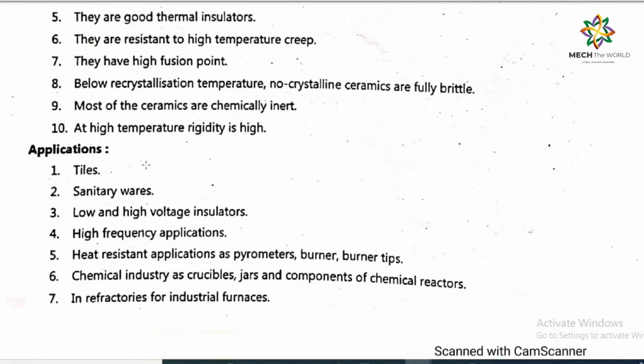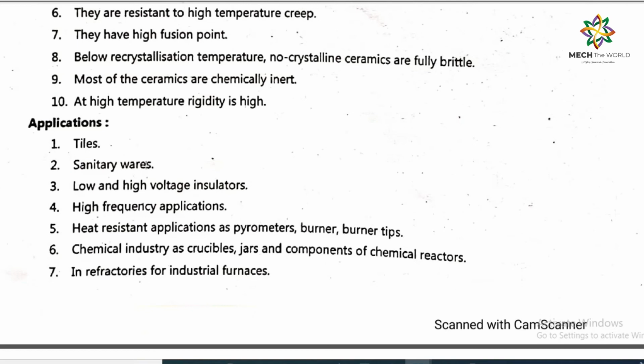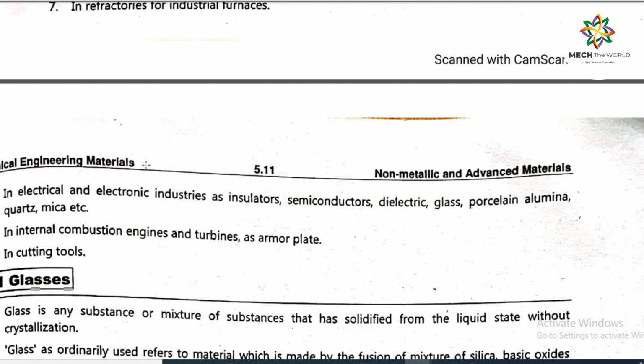If we talk about the applications of ceramics, they can be used for making tiles, sanitary wares, low and high voltage insulators, high frequency applications, heat resistant applications such as pyrometers and burner tips, in the chemical industry as crucible jars and components of chemical reactors, in refractories for industrial furnaces, in electrical and electronic industries as insulators, semiconductors, dielectrics, glass, porcelains, alumina, quartz, mica, etc. In internal combustion engines or IC engines and turbines, as armor plates, and in cutting tools.